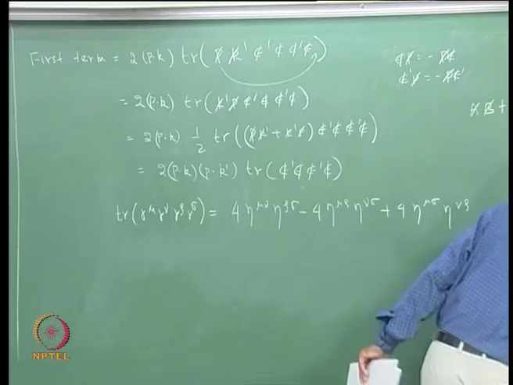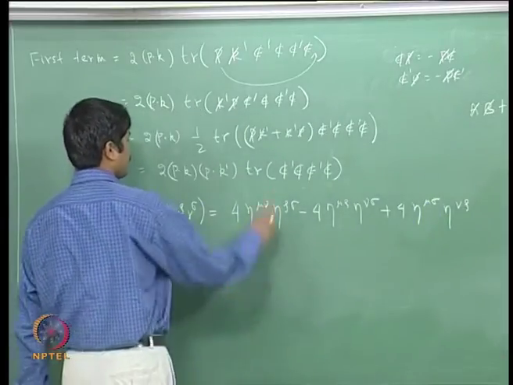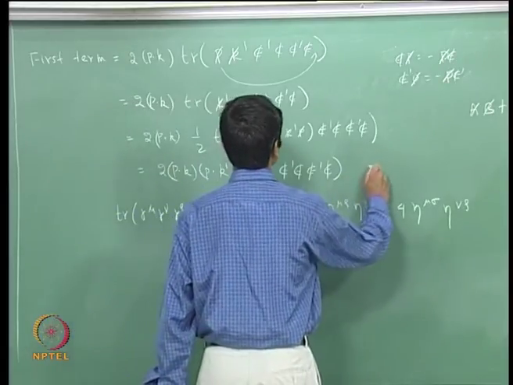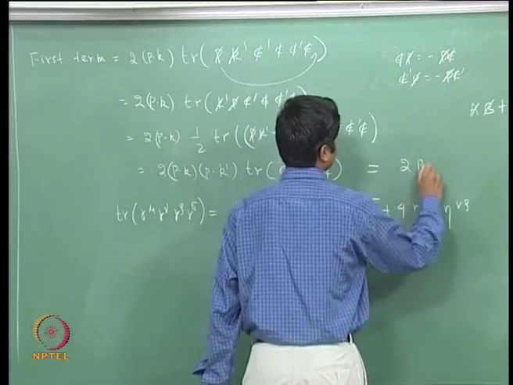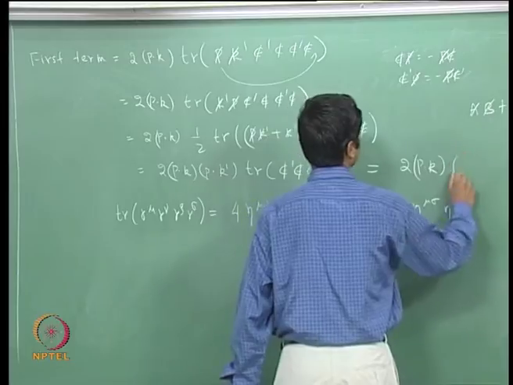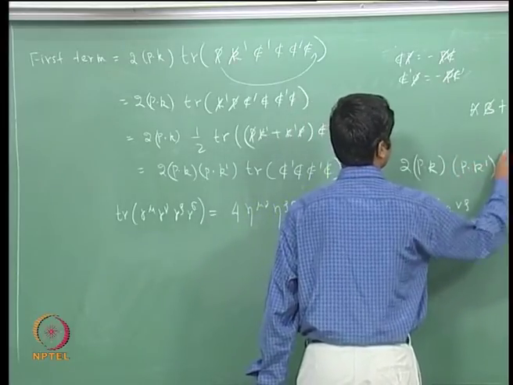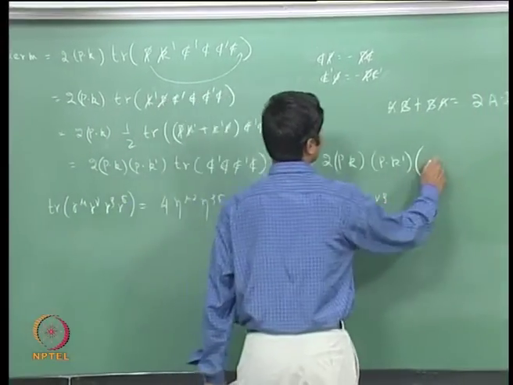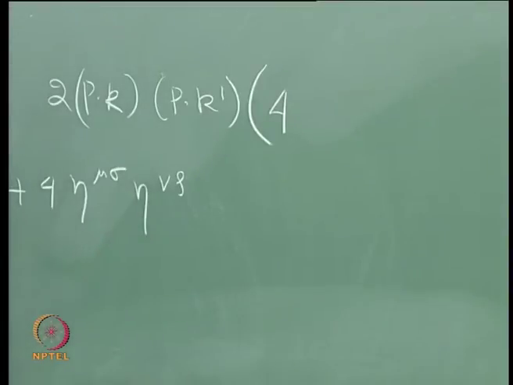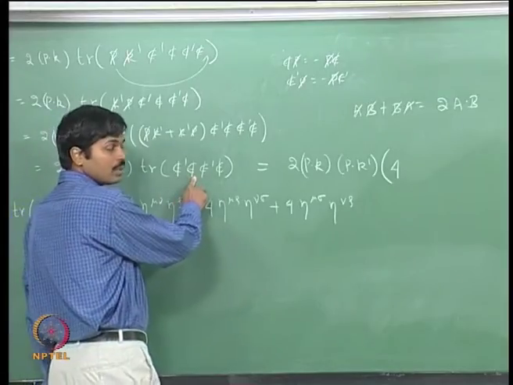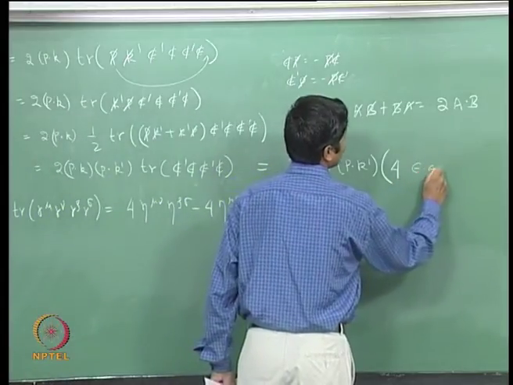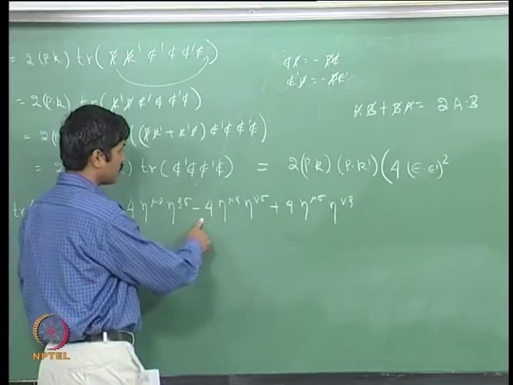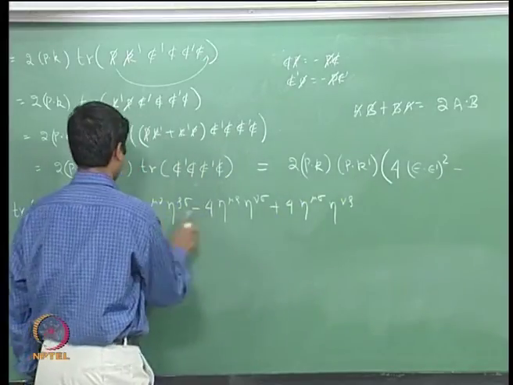Okay, so now that we have proved this relation, I can use this to derive this trace. This will simply be given by twice p dot k prime times 4, the first term mu nu rho sigma will give you epsilon dot epsilon prime whole square, then you have minus eta mu rho nu sigma.